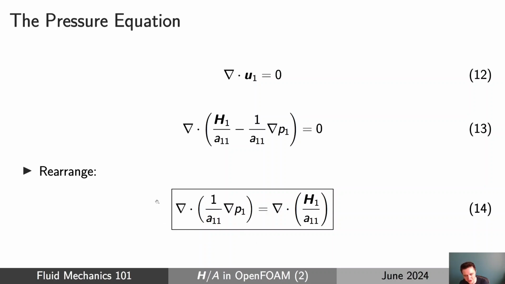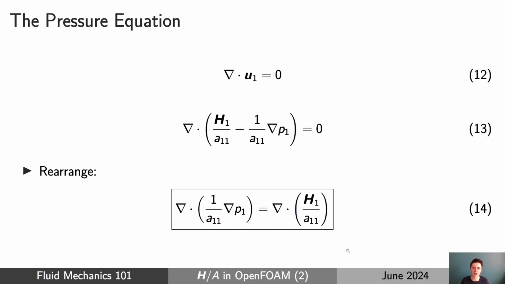So we've got the left-hand side of our differential equation there, but what about the right-hand side? The right-hand side simply contains the divergence of the field HbyA. And this is exactly why we've gone to all of this effort trying to understand what HbyA is and trying to calculate it. The reason that we need to know these things is because HbyA forms the source term of the pressure equation.